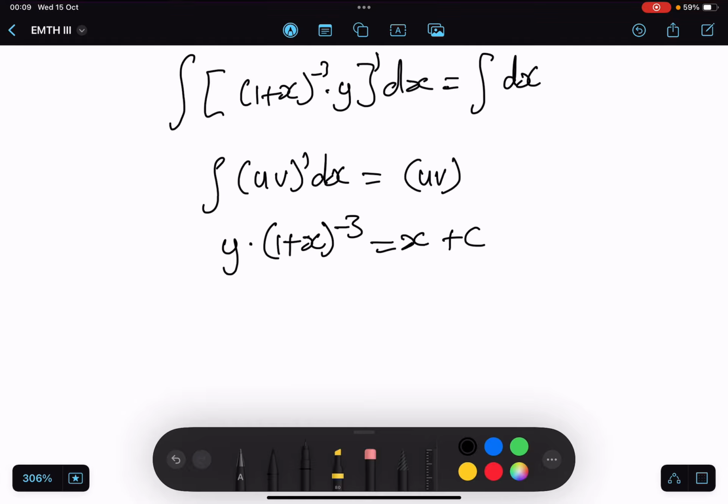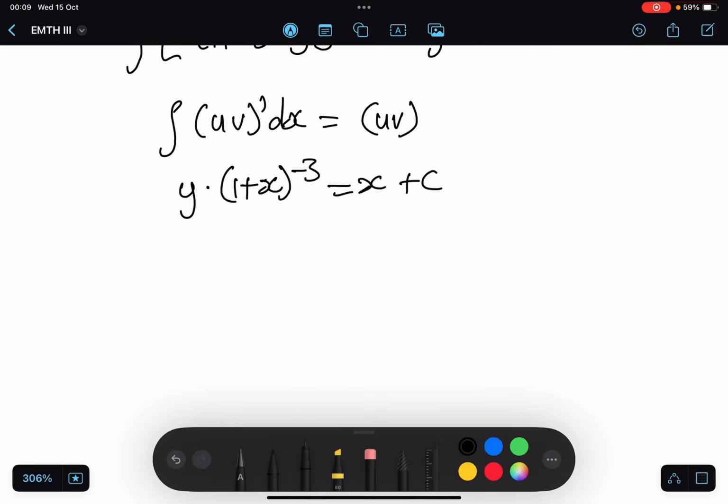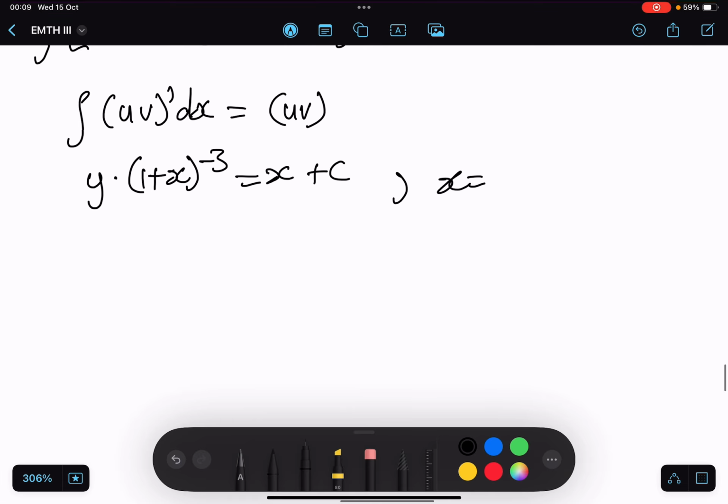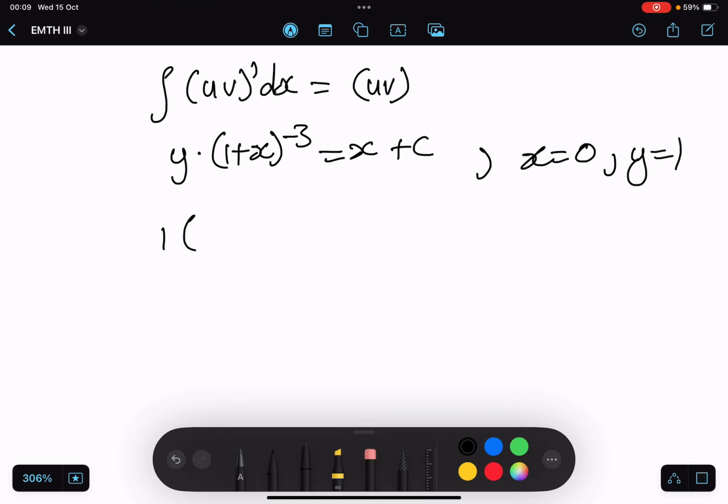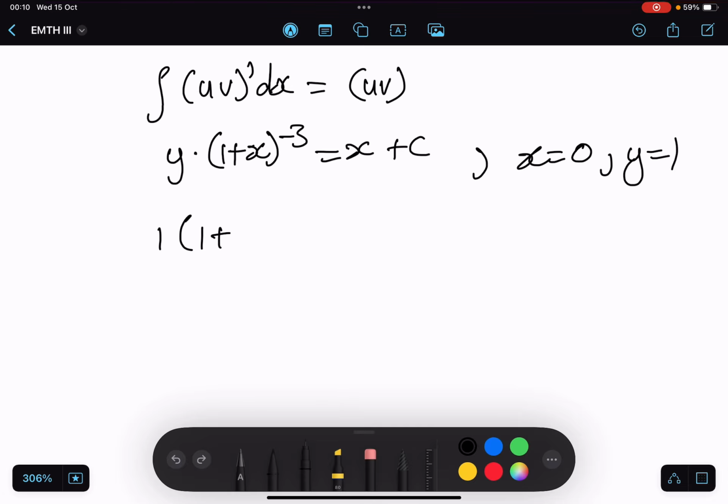And then from here, if you apply the boundary conditions, you are given the boundary conditions to be x equals 0 and y equals 1. If you apply them here, you get 1 times (1 plus 0) to the power minus 3 equals 0 plus c, and therefore c is equal to 1.